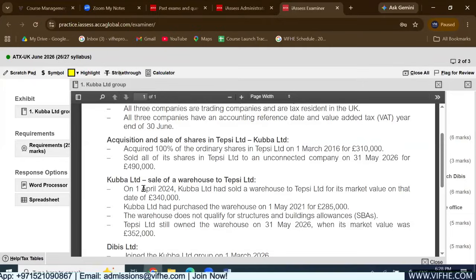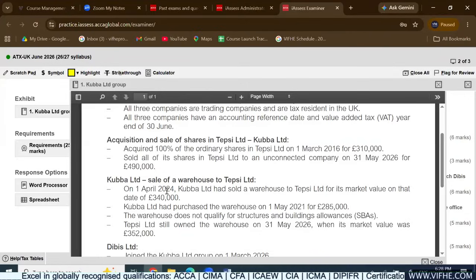It says that on 1st of April 24, a few years ago, Kuba Limited had sold a warehouse to Tepsi Limited for its market value on that date of 340,000 pounds. While Kuba Limited has 100% shareholding in Tepsi Limited, they are not just associated companies, they were part of a Chargeable Gains Group as well.